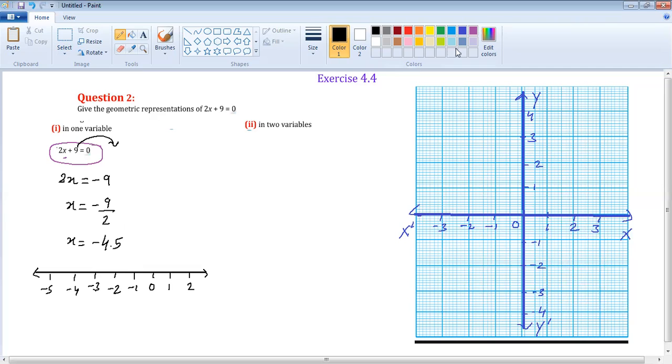Now we have to represent that x is equal to minus 4.5. So that is in between the numbers minus 5 and minus 4. So we are taking the half, so you can write here, this one is x is equal to minus 4.5.